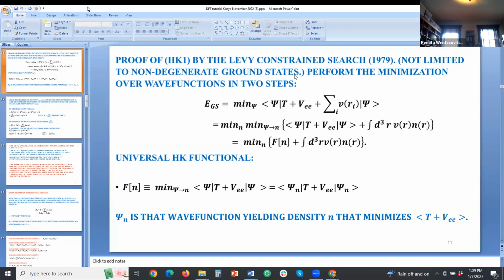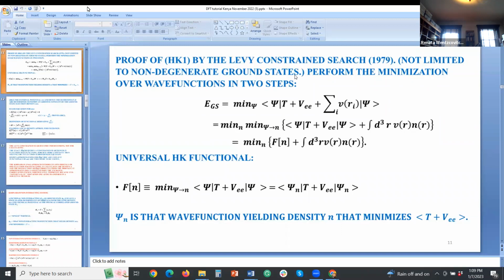And that's because when we compute the expectation value of the external potential for any wave function that has the density n(r), we always get the same answer, the integral over three-dimensional space of V(r) times n(r). So that proves the Hohenberg-Kohn theorem, and what's more, it shows us what the universal Hohenberg-Kohn functional is.